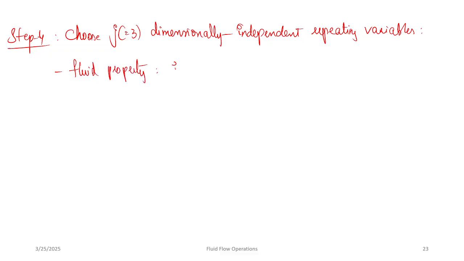Which can be represented by using density, and then we have flow characteristic, which can be given by velocity, and then we have geometry, which can be given by diameter.